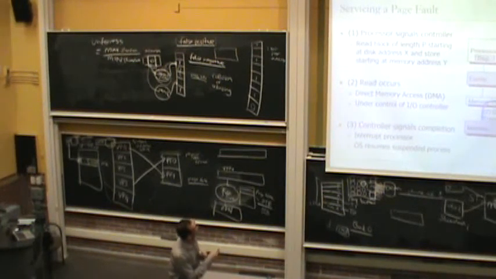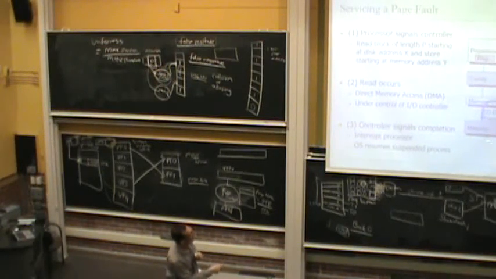So, how do you actually service a page fault? This is just to show you the overall system diagram. When the processor gets a page fault, it goes through this page fault handler, and it signals the controller to read this page starting at disk address X and store it into memory address Y, this physical frame in main memory.